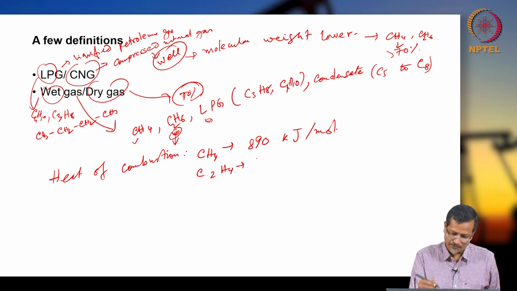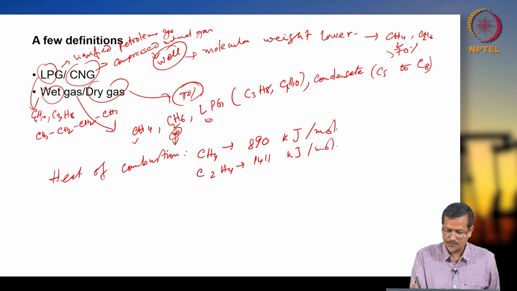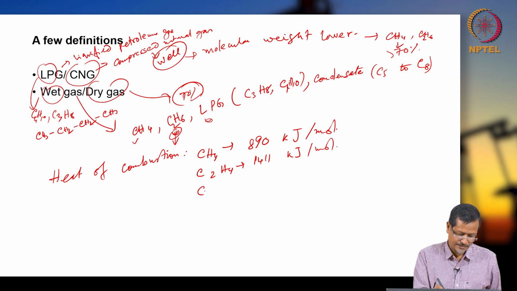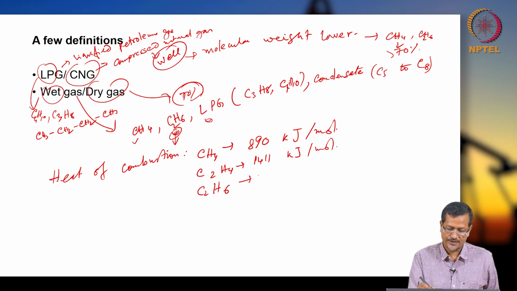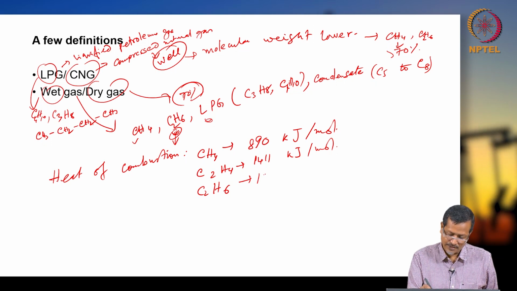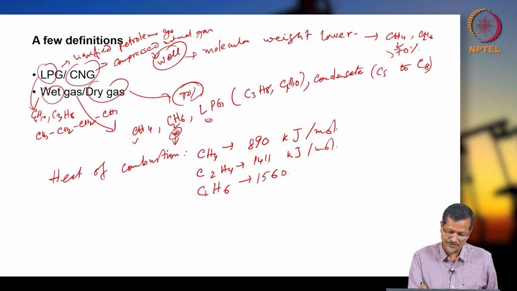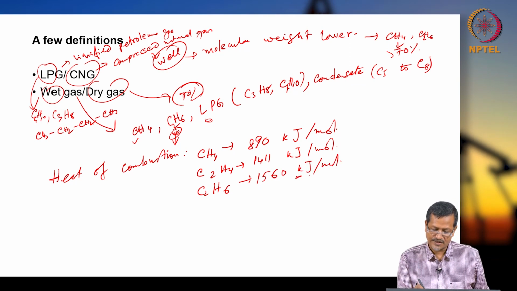So heat of combustion is 1411 kJ per mole, and C2H6. So here the H amount increased, so the heat amount increased a little bit, 1560 kJ per mole. Here I am writing k small and J capital.